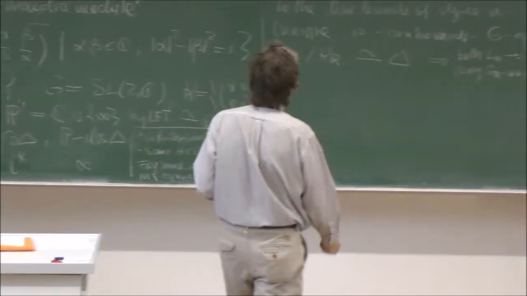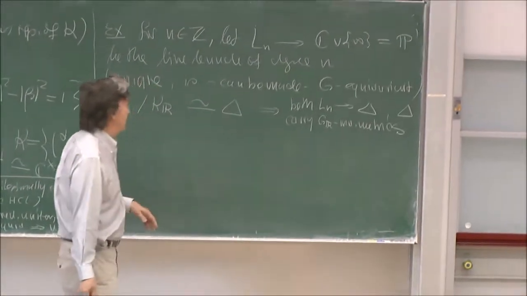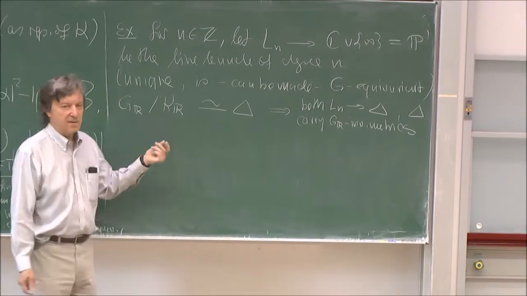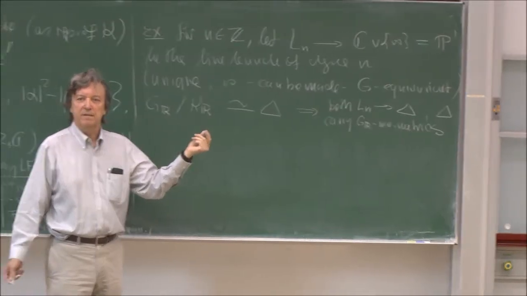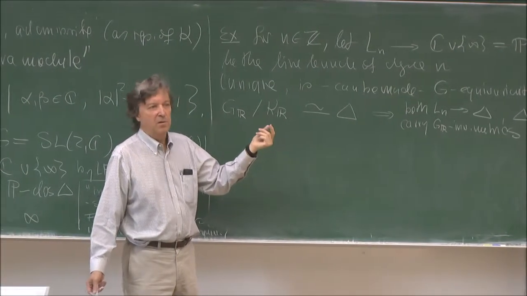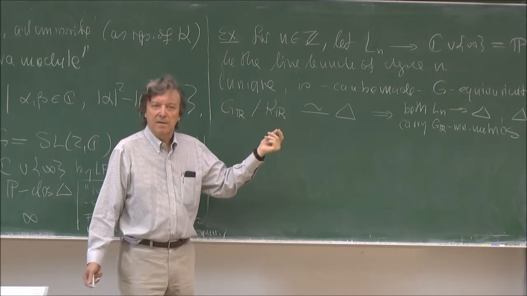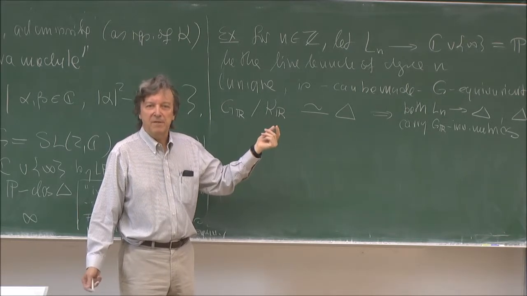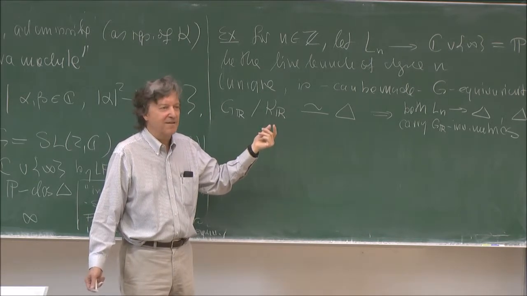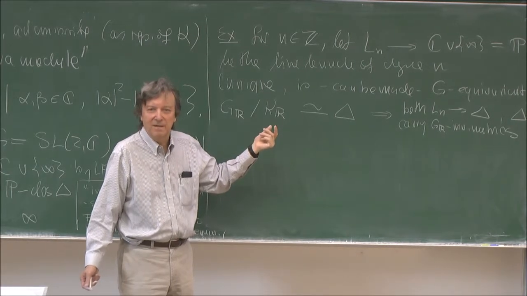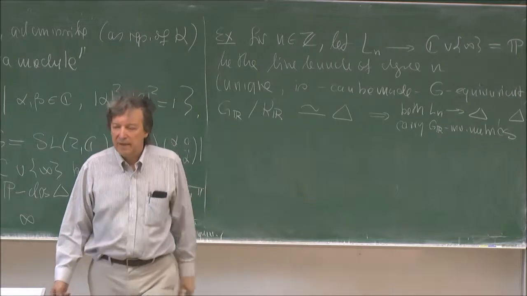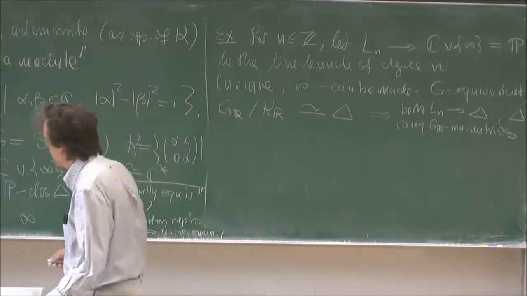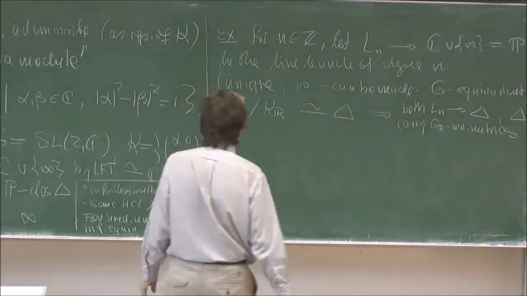And so the line bundle restricted to the identity coset is just a copy of C. And so there is a unique Hermitian metric on this one-dimensional vector space which is invariant up to scaling. And similarly for the tangent bundle, so both carry invariant metrics.